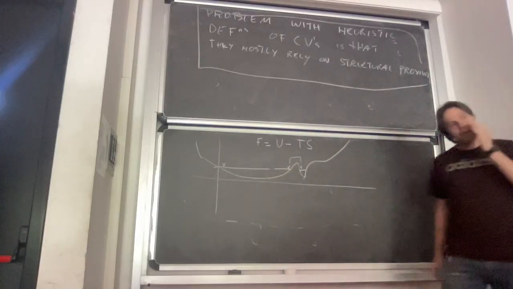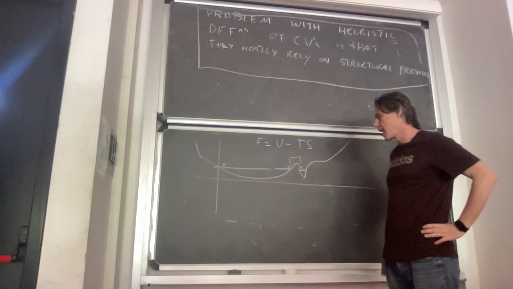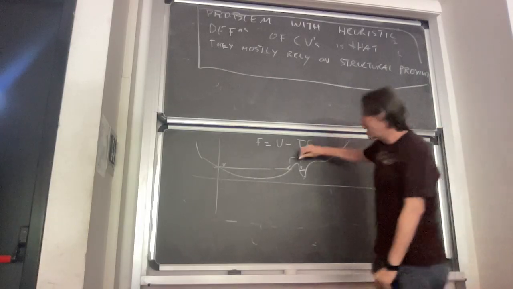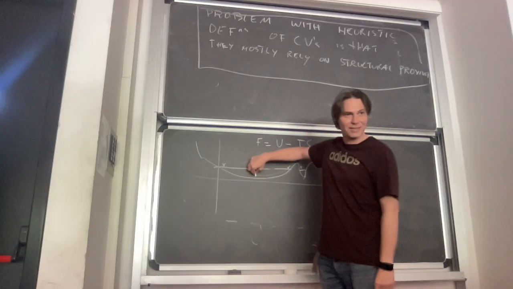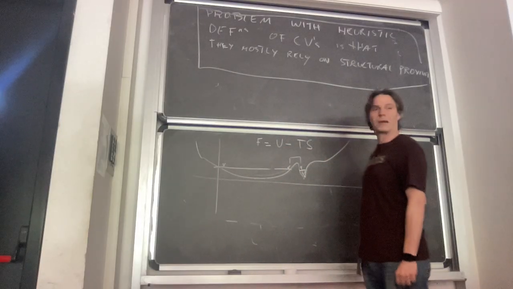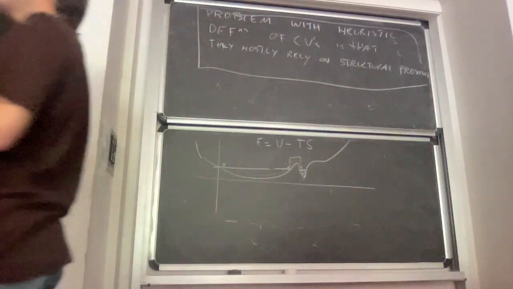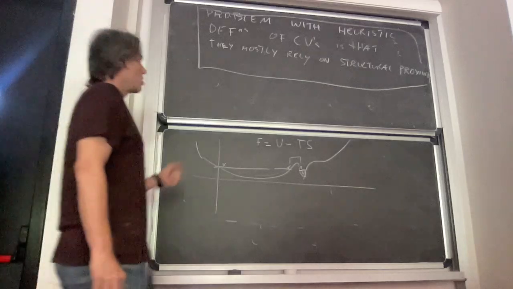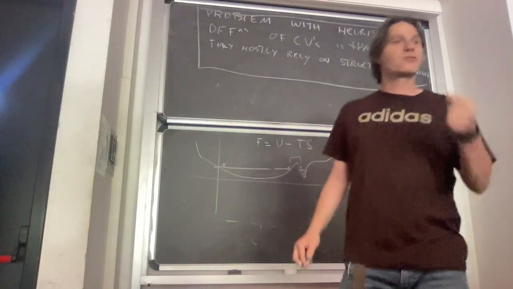The dynamics knows that if I start the simulation from here, it will fall into this basin. And if I start the simulation from here, it will fall into this basin. So some dynamical information is required to properly associate configurations to states.